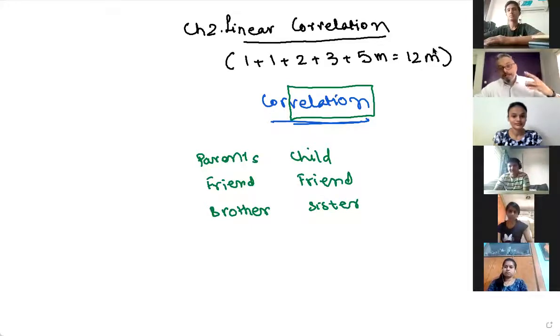Kaka, cousin kaka, mama, cousin mama, उनके kids, चचेरा भाई, ये वो दुनिया भर के. तो parent child, friends, brother sisters, then तुम्हारे parents, husband wife, that is also relationship, that is spouse.